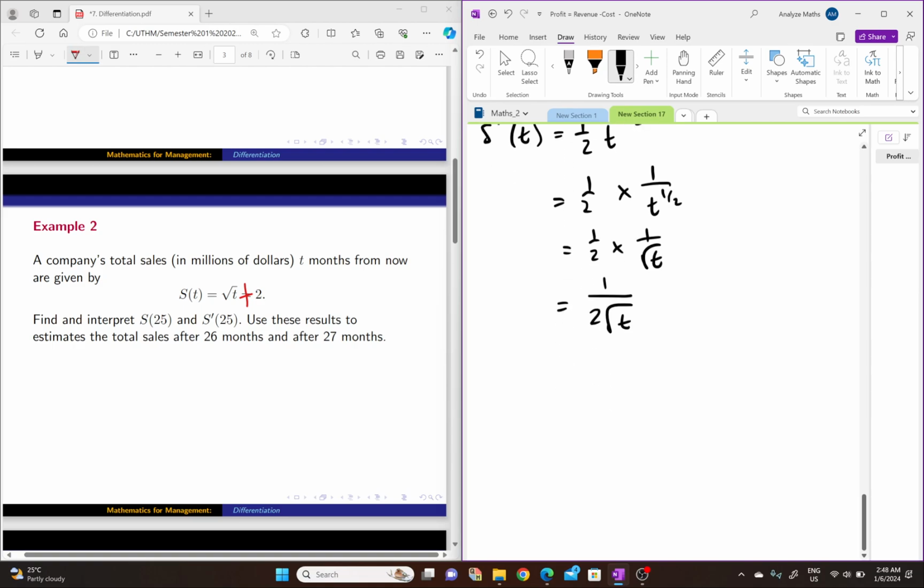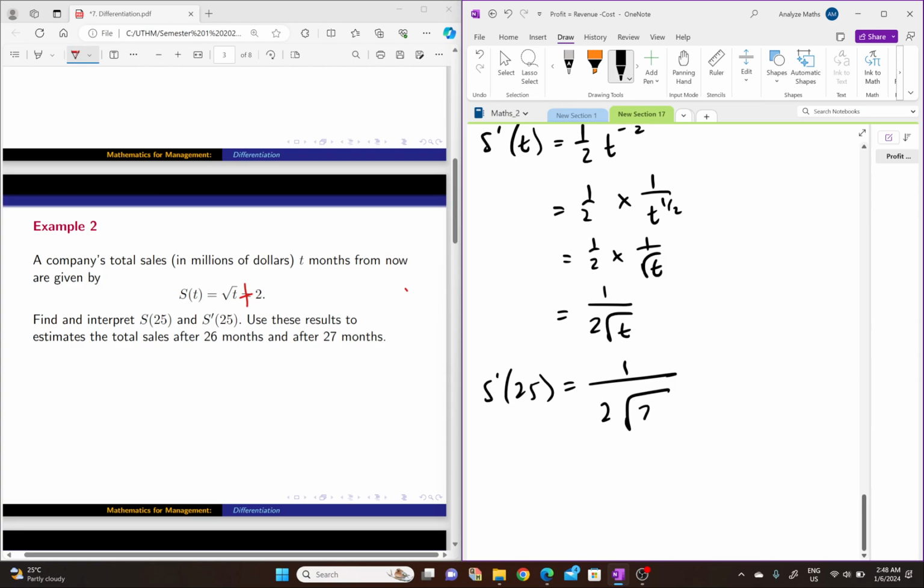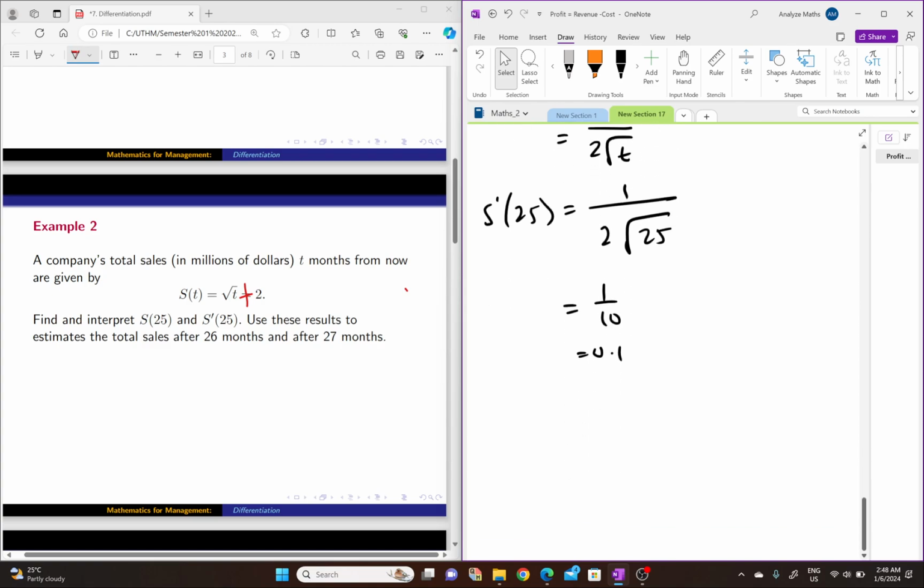Now if you replace 25, you get 0.1. As I told you, according to the previous exercise we did, what is this 0.1? It is the increment in the sale after 25 units.